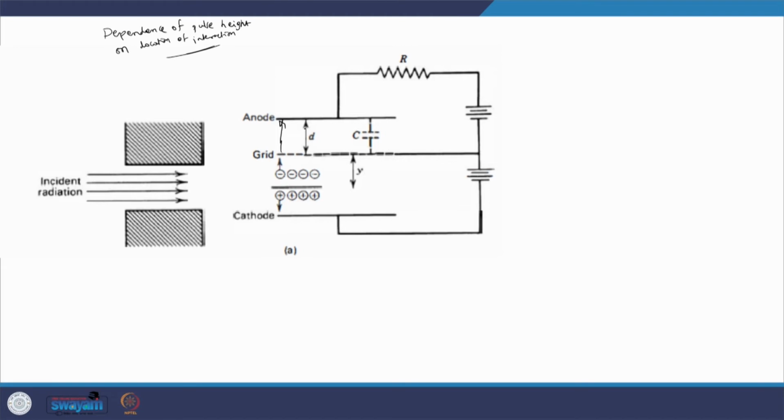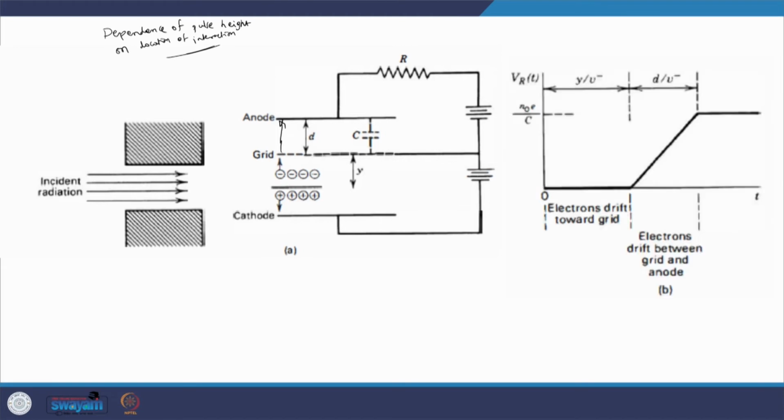Here the distance between the anode and grid is taken as d. Okay. So, this diagram helps us understand the pulse formation. Till the electron drifts toward the grid, there is no pulse development and the pulse starts developing after this position. So, d by V minus gives you the collection time of the electrons.